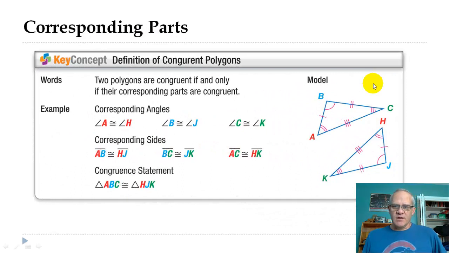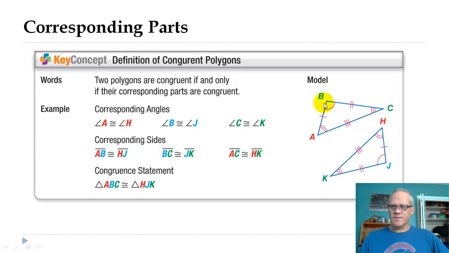All right, so first of all, here's a great example of what we got going on here. We have two triangles: triangle ABC, and over here is HJK. All the angles and the sides are marked for us.